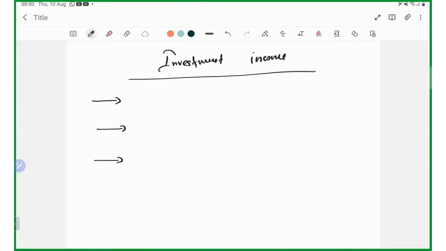First one, interest income, then rent income, then dividend income. You know there is another income, the gain from the realization of the investment asset, or the capital gain. I will not take that income under this to discuss.